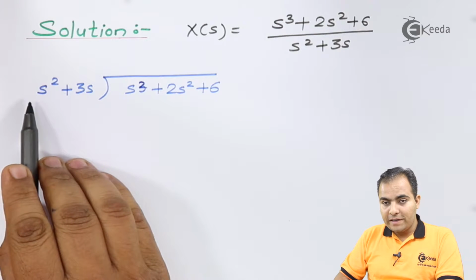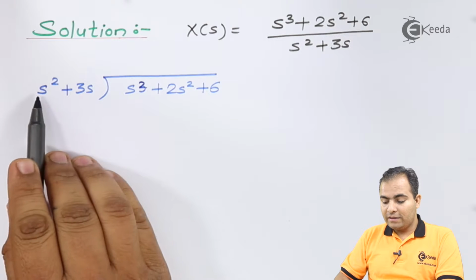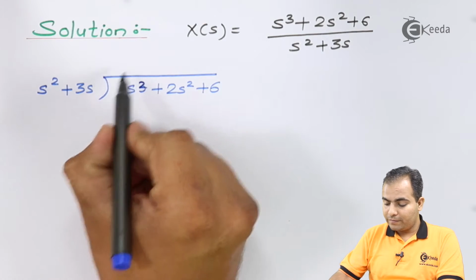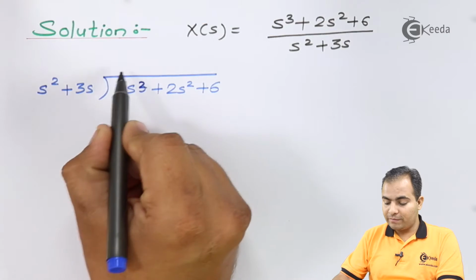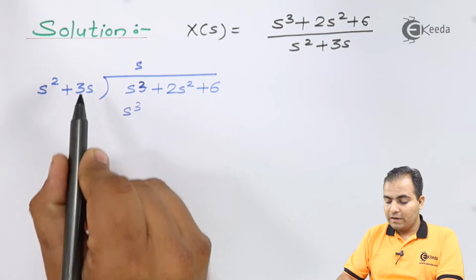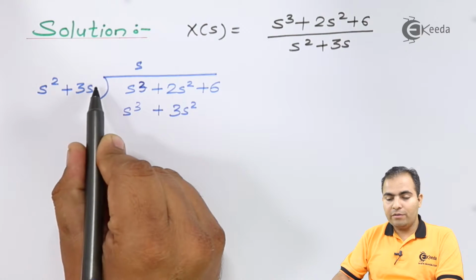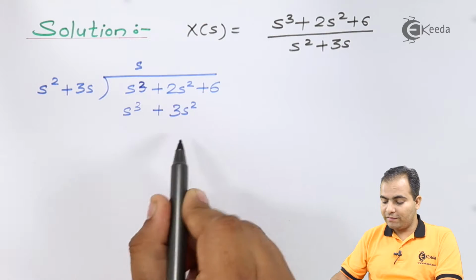So if we multiply the divisor by s, this part becomes s cube. S into s square becomes s cube. 3s into s becomes 3s square. And we do not have any term after this 3s, so we'll stop here.